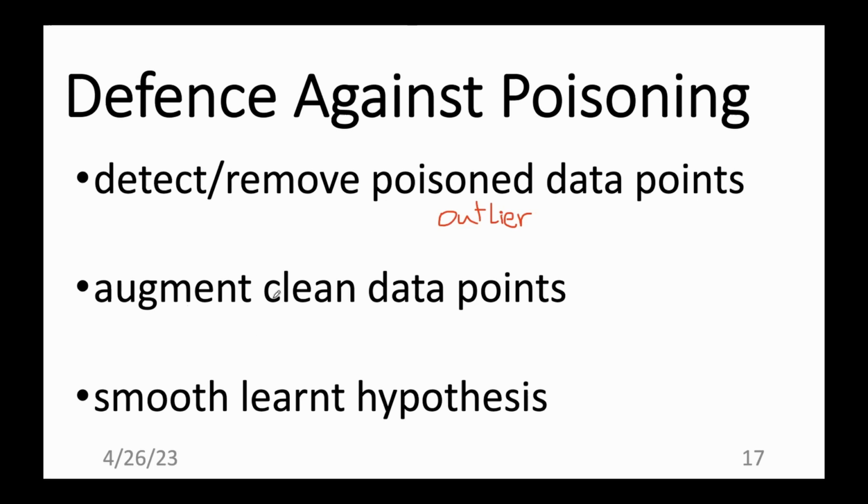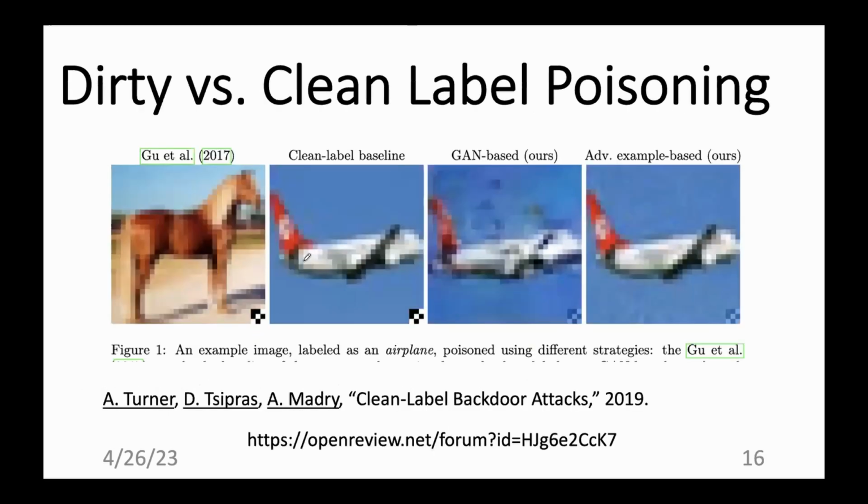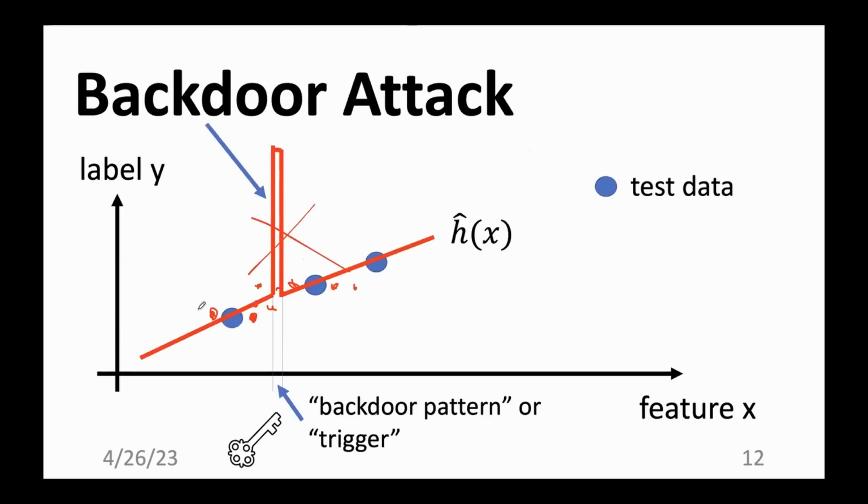Another approach could be to augment the clean data points to make it more robust. This is actually equivalent to smoothing out the learned hypothesis. Augmenting clean data points would mean we augment each of these clean data points by perturbations along the horizontal axis, which favors then learning a more flat or smooth hypothesis instead of this very rough hypothesis.